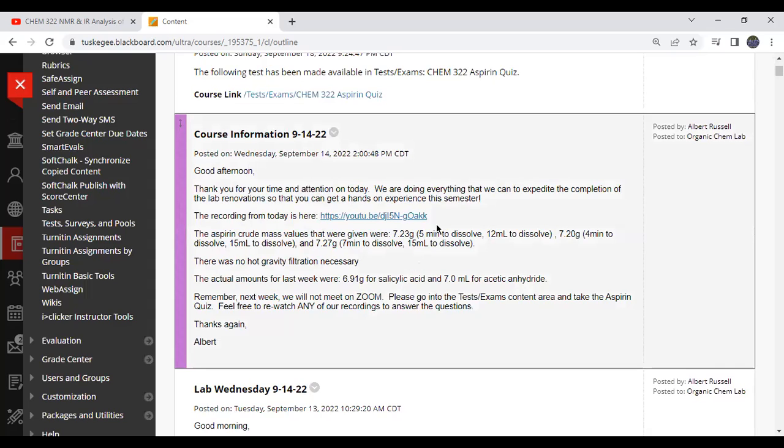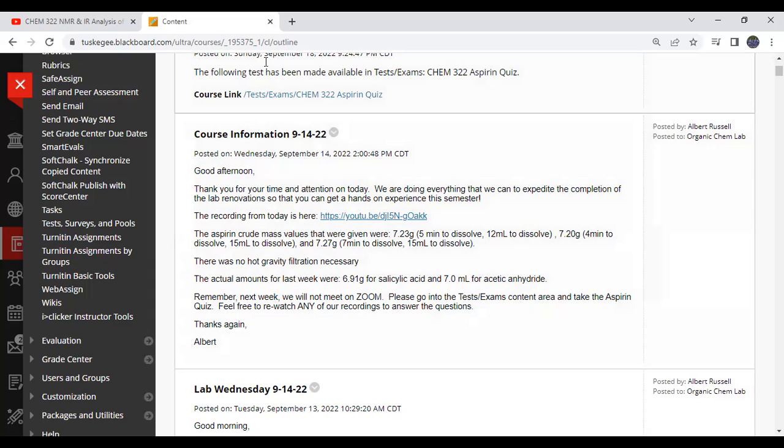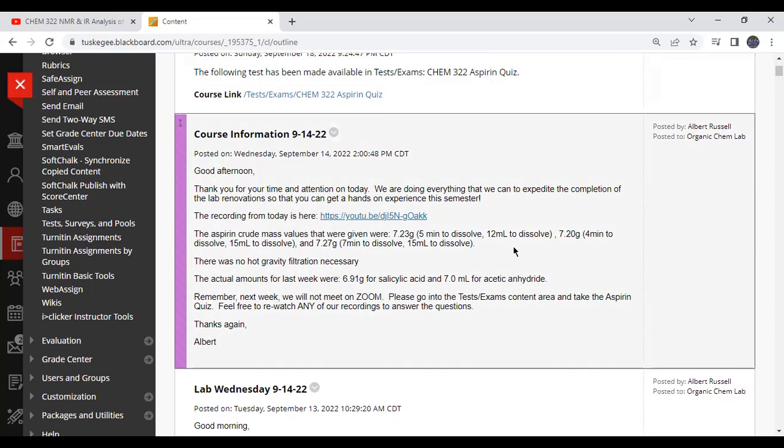Which sample are you using? Do you know? 1, 2, or 3? I don't know who that was that asked me about the amount of ethanol, but I have it right here. If you're using sample... Well, I needed it too. I needed it for sample 3. I don't know who asked either. 15 milliliters for sample 3. Sample 1 was 12 mL, and then sample 2 was 15 mL also.